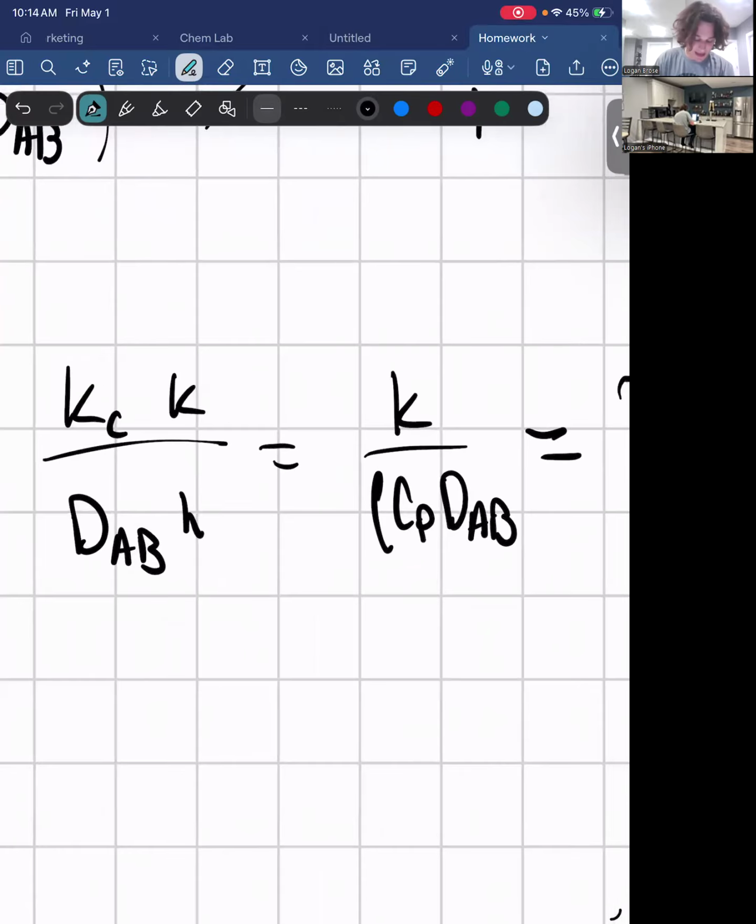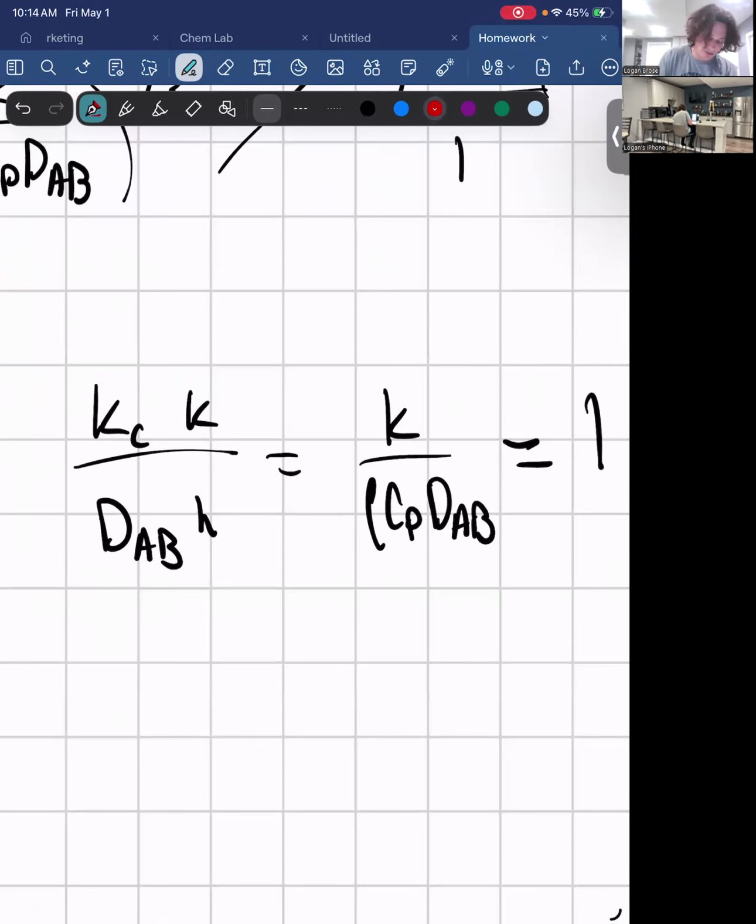When we do that, our DABs cancel, our Ks will cancel, and we will be left with H equals rho CP multiplied by our Kc.